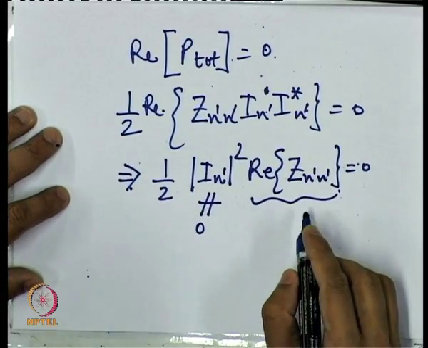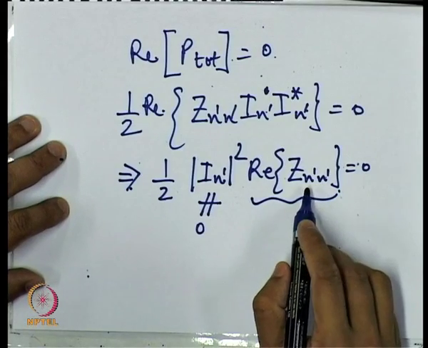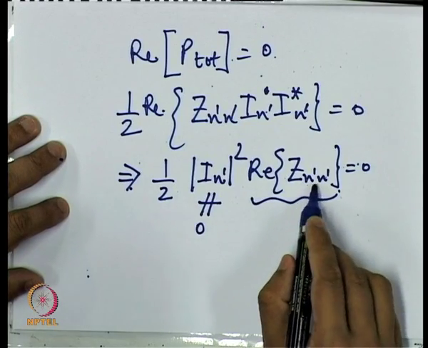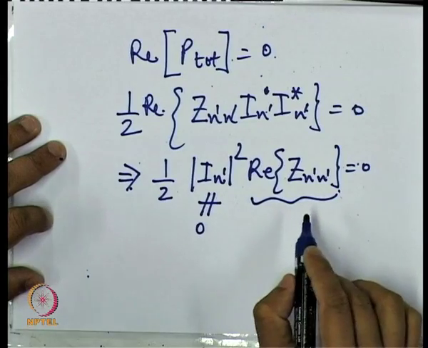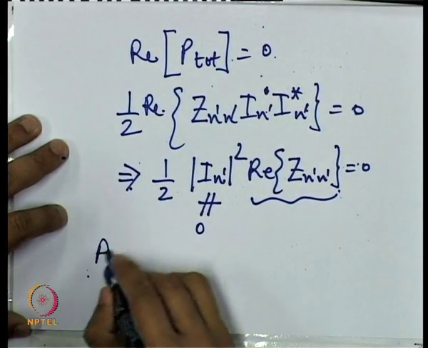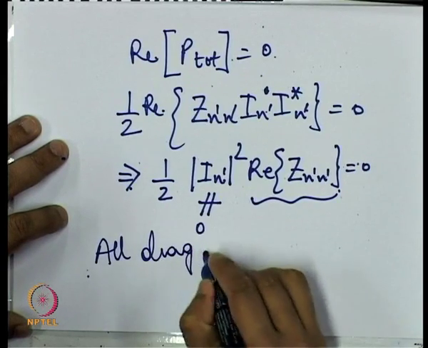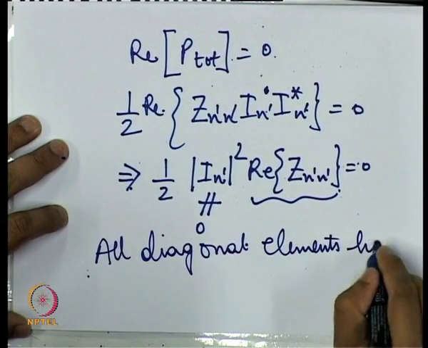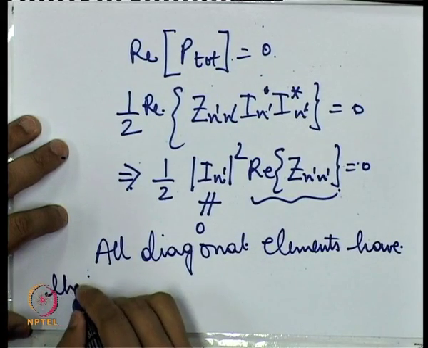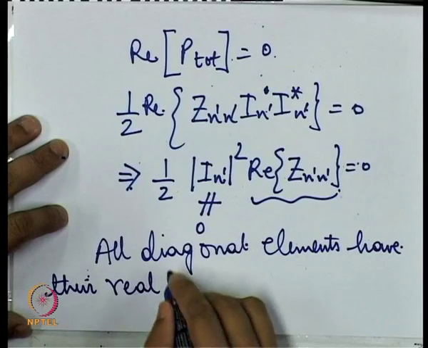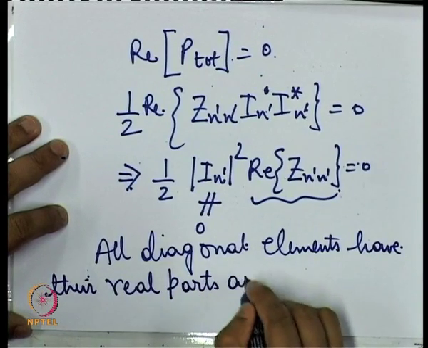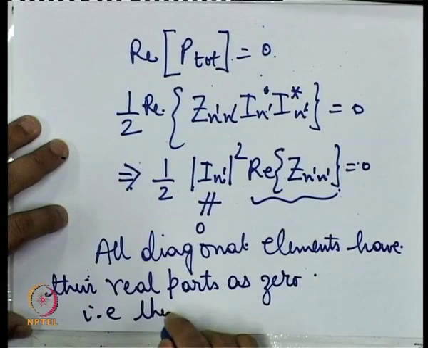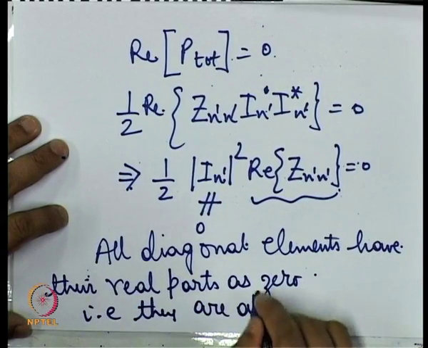So what it means is that the real part of this particular diagonal element is 0, but then since N dash can be any value, any one of those diagonal elements, we have to conclude that all diagonal elements have their real parts as 0, that is they are all imaginary.